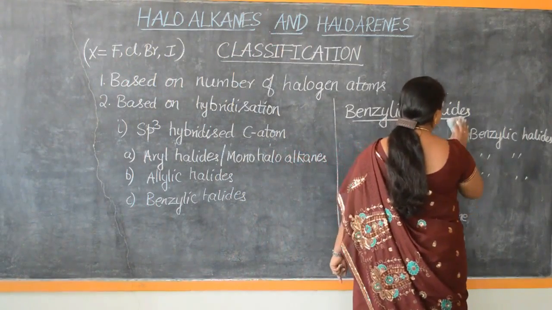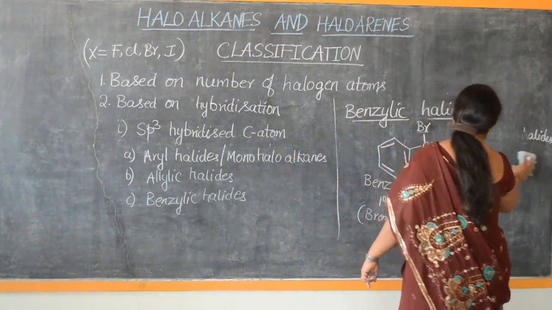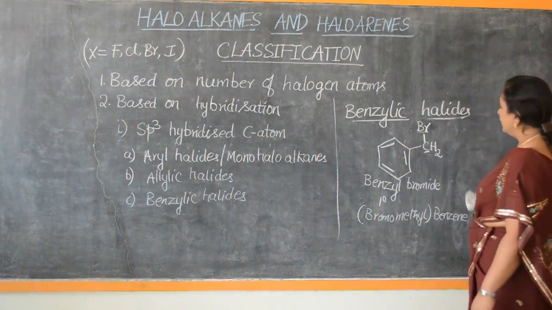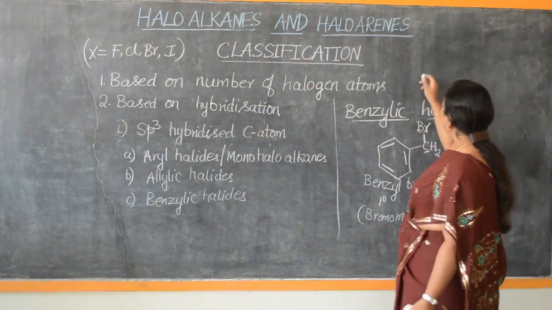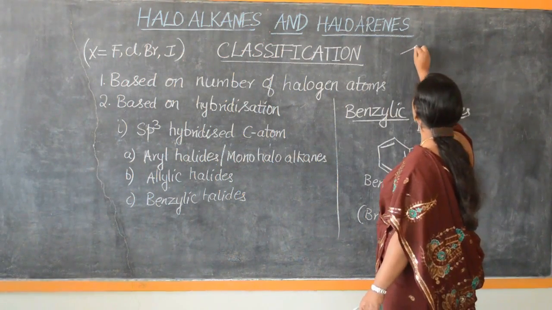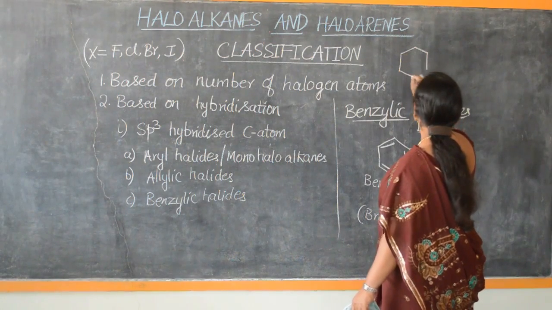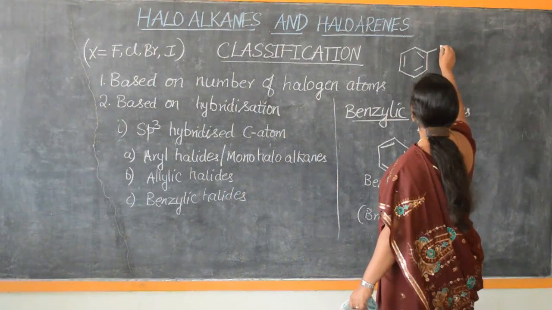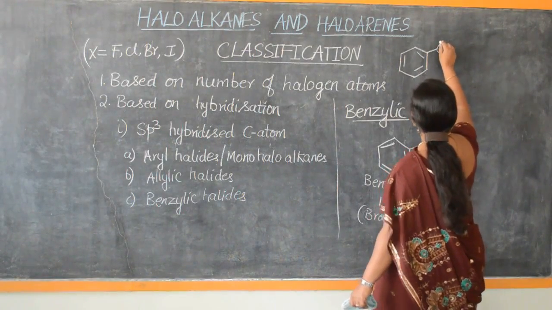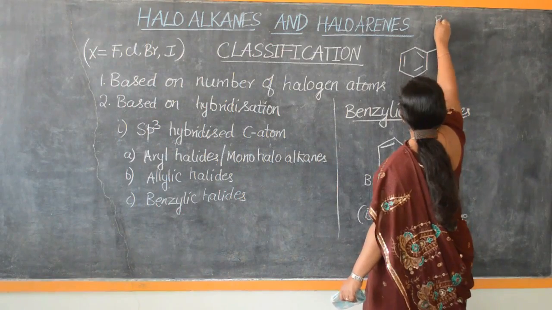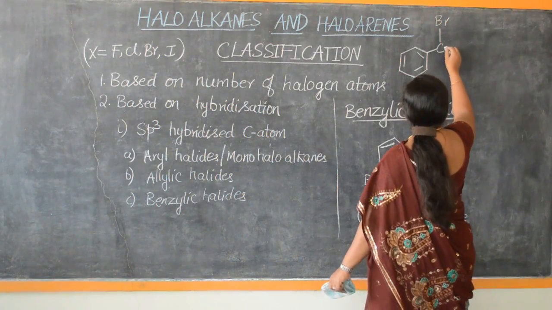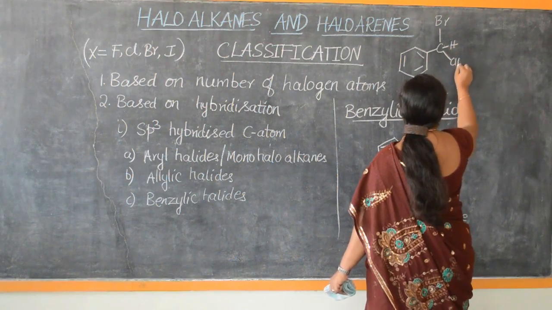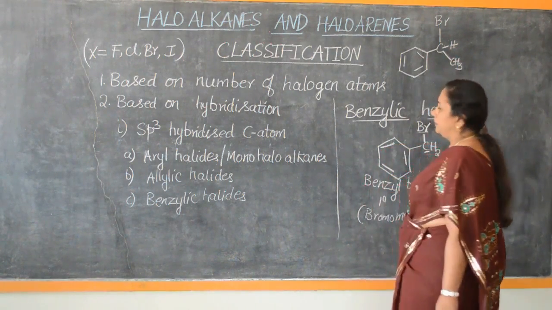Now, let us also understand secondary benzylic halides and tertiary benzylic halides. Let me write those two cases here. There goes our benzene ring, and on the side chain of the benzene ring you have a carbon with a halogen, and this in turn is attached to hydrogen and, on the other side, to a methyl group.